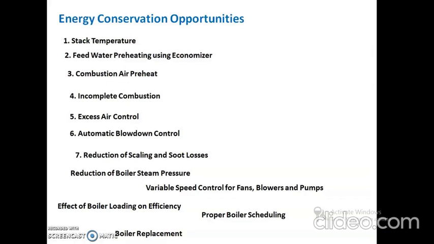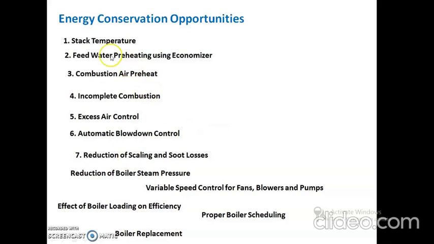Then as an auditor, what are the different energy conservation opportunities you are looking for? First, always check stack temperature. If it is too high, then go for boiler tuning and keep the stack temperature within a limit. Then feed water preheating using an economizer.